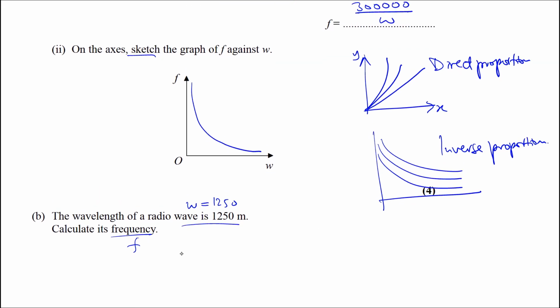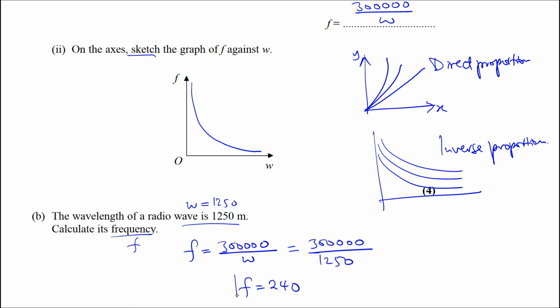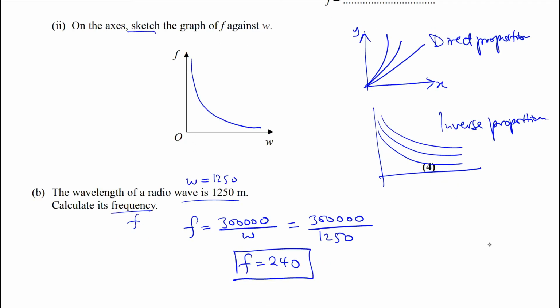We know that F is equal to 300,000 over W. So when W is 1250, F will be equal to 300,000 over 1250, which if you just plug that in the calculator will be equal to 240. And that will be the required solution.